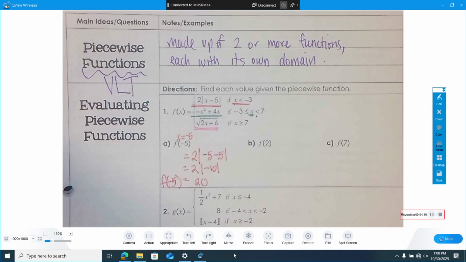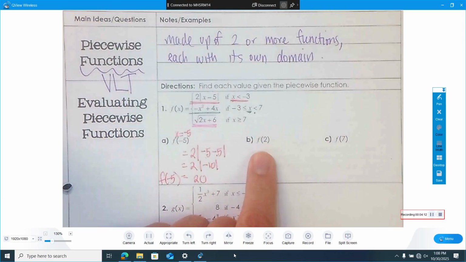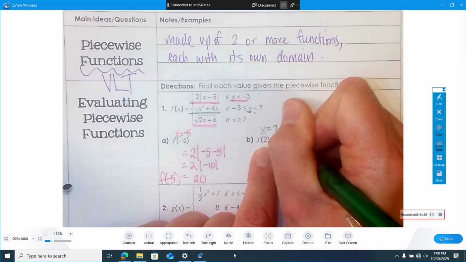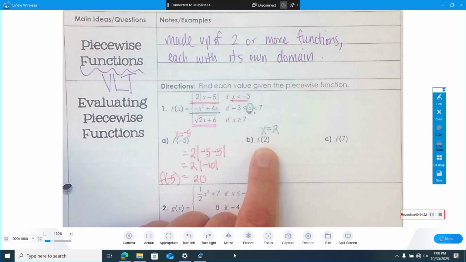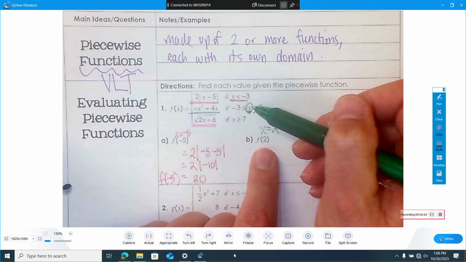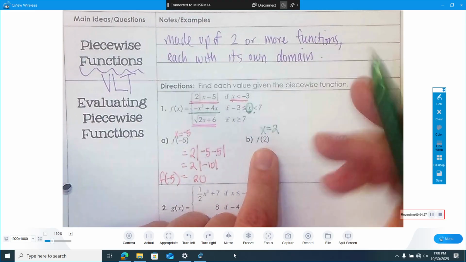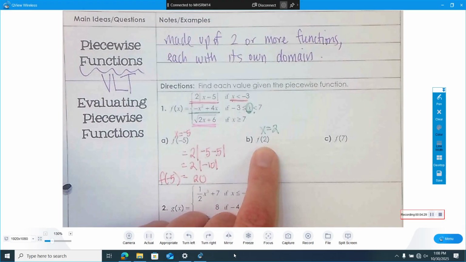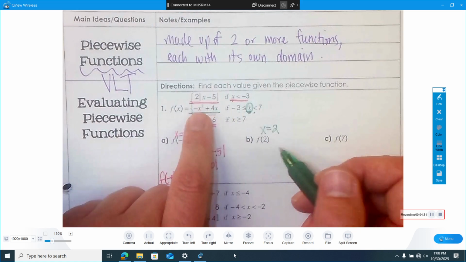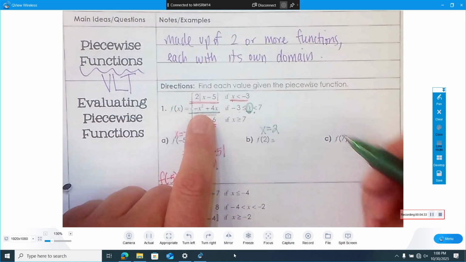All right, number B. What's our x value? 2. Should that go in the top, middle, or bottom? Middle. So that's x equals 2, and that works right here. 2 is less than 7, and 2 is also greater than or equal to -3. So that's where that fits. That's the true statement. And so we're going to plug it in to our green equation.